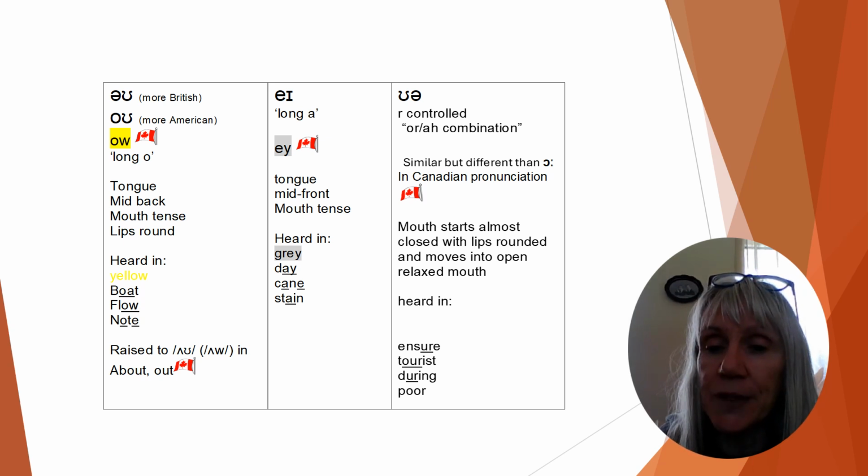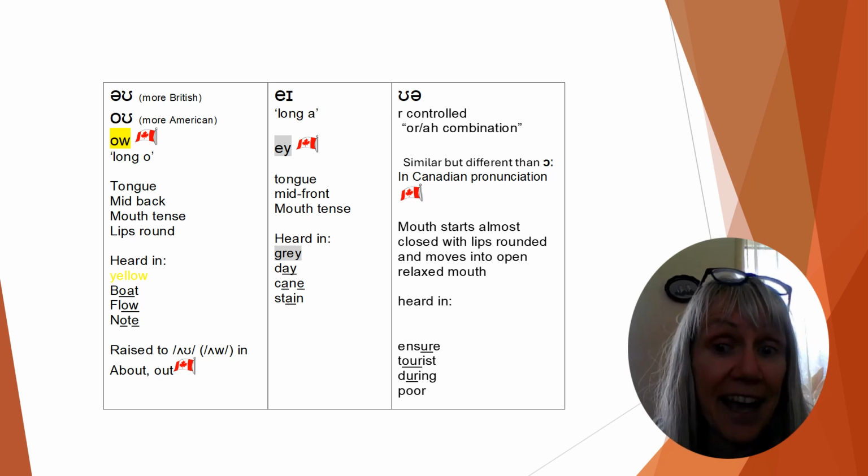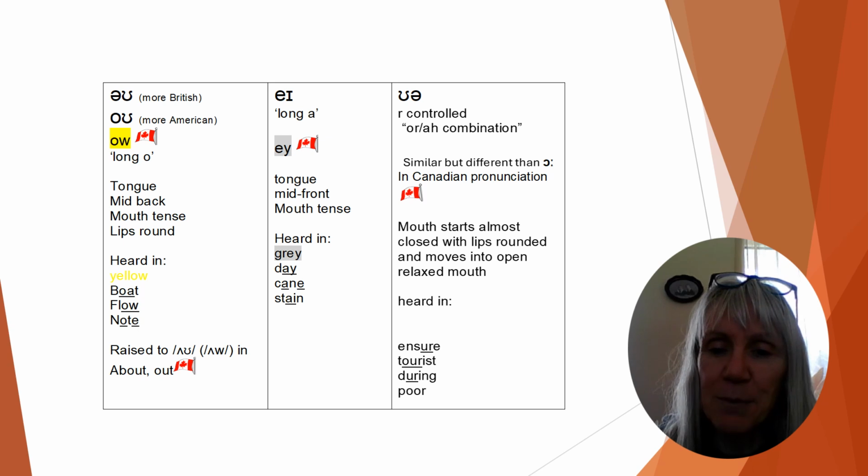Let's move on to EI. EI, what you see looks like a little E and an uppercase I, makes the long A sound. So we're hearing A, and in Canada, we often say hey, so hey is spelled H-E-Y.